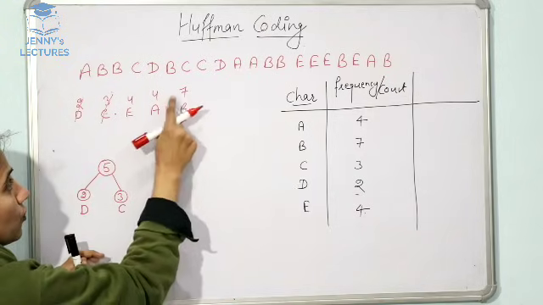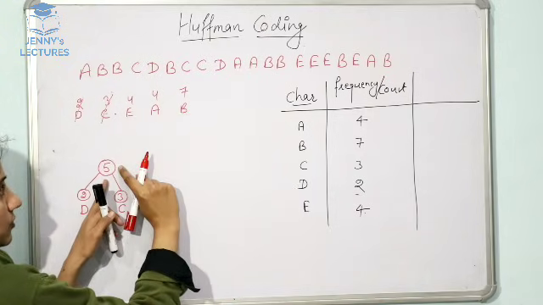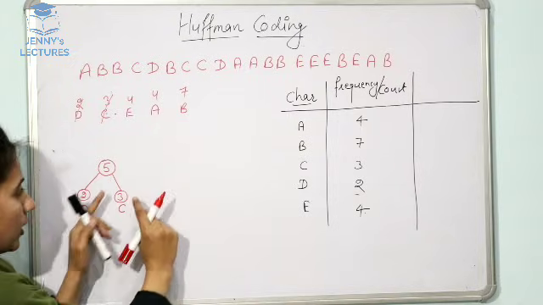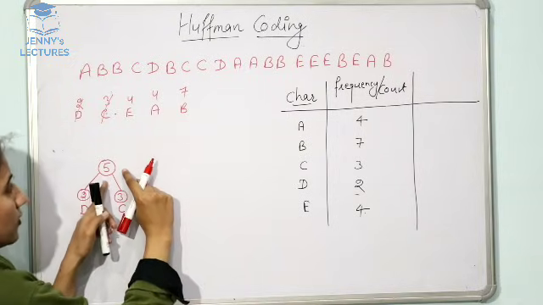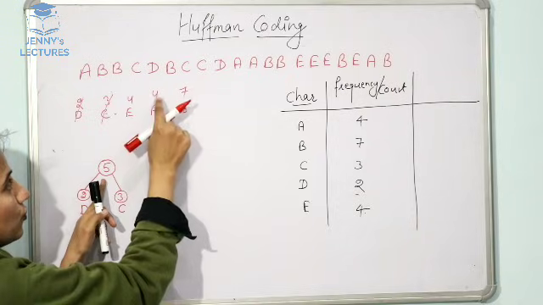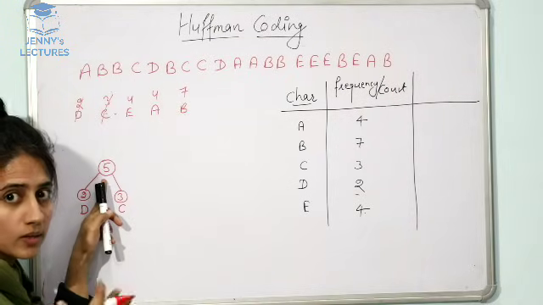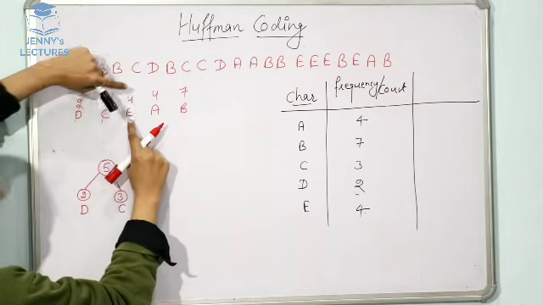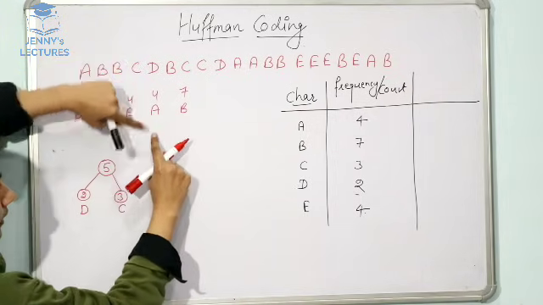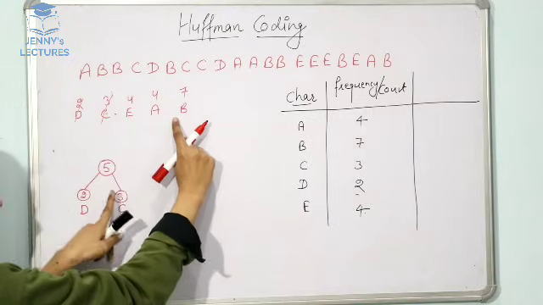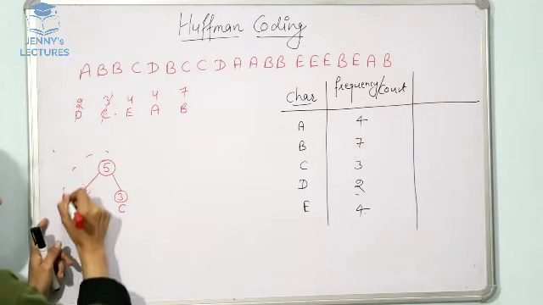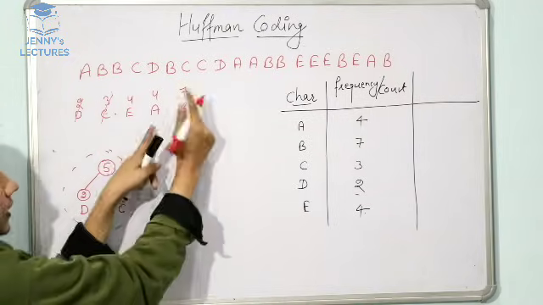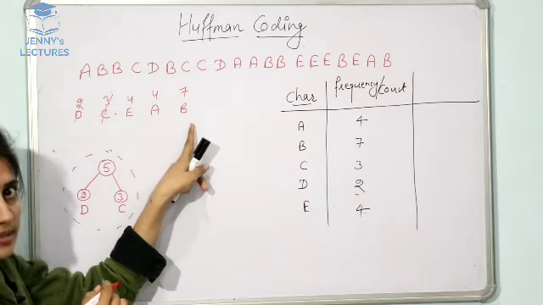We have 4, 4, 7 and this 5. See, one new node, the parent of 2 and 3, that is 5. Now arrange 5, 4, 4, 7 in increasing order of their frequency. First of all, what will you write? E, A. After E and A, this one, this is a complete node now. Then it would be 5 and then 7.